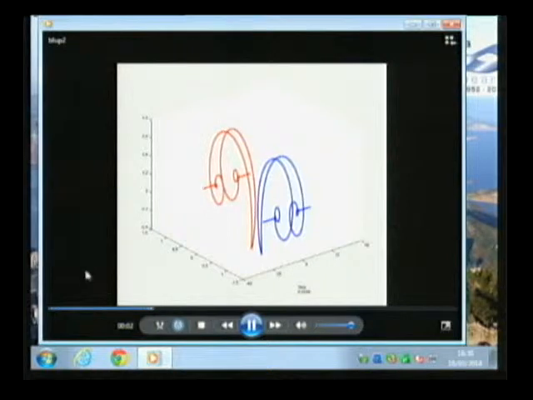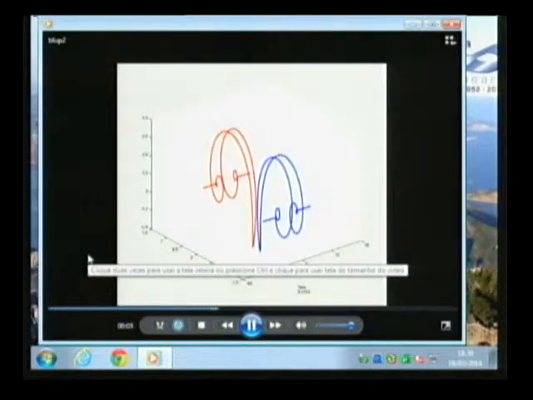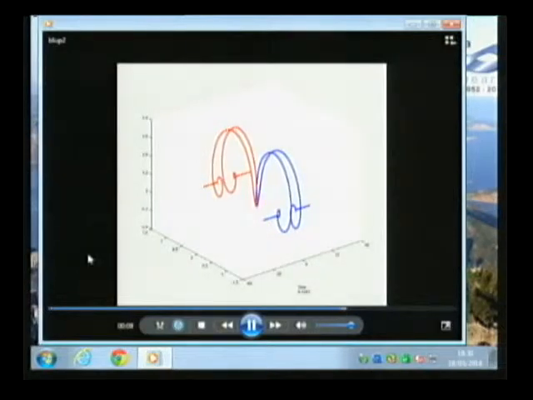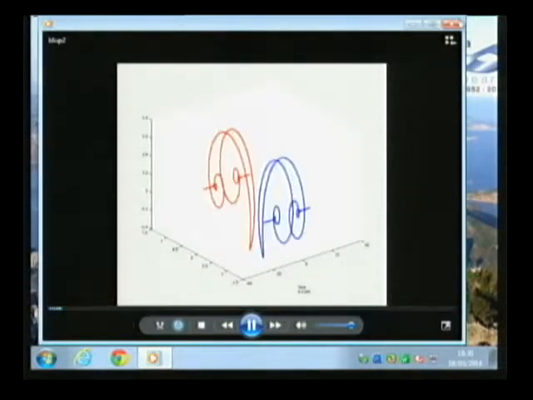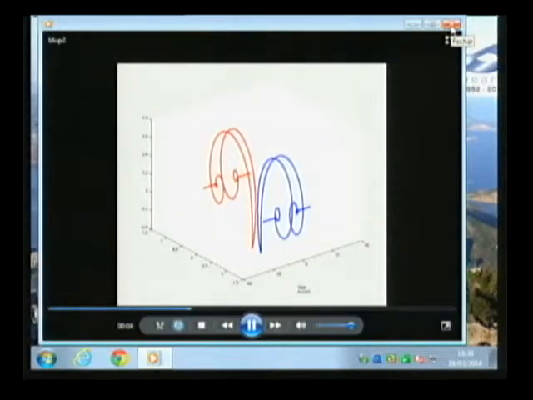Okay, the second example, for which we consider alpha 1 equals alpha 2 equals 1, and we keep the symmetry for all time. So here you see a beautiful collision in finite time, for which the symmetry was preserved.